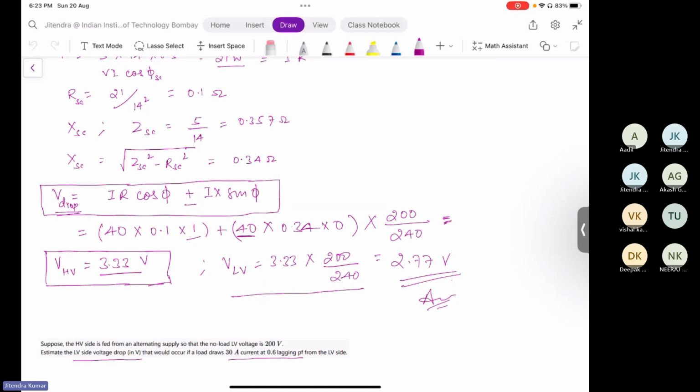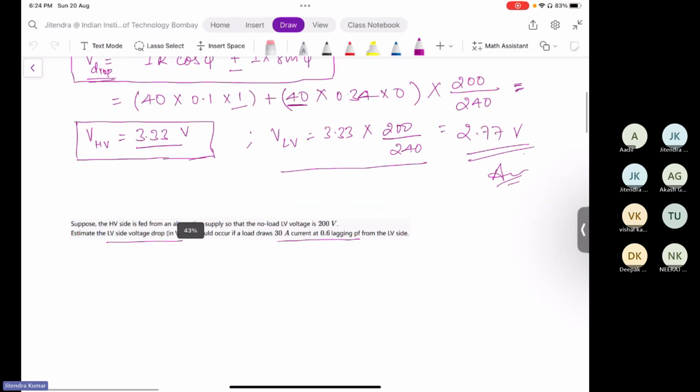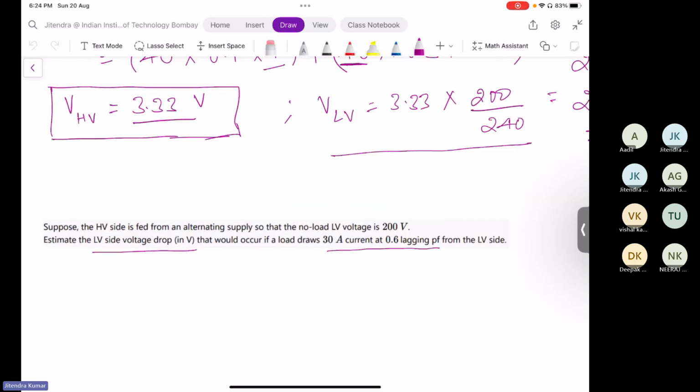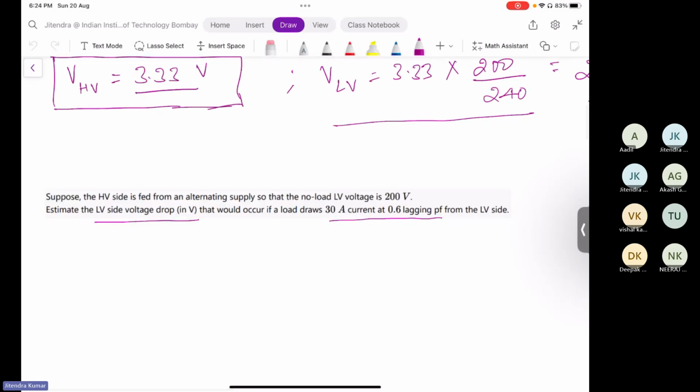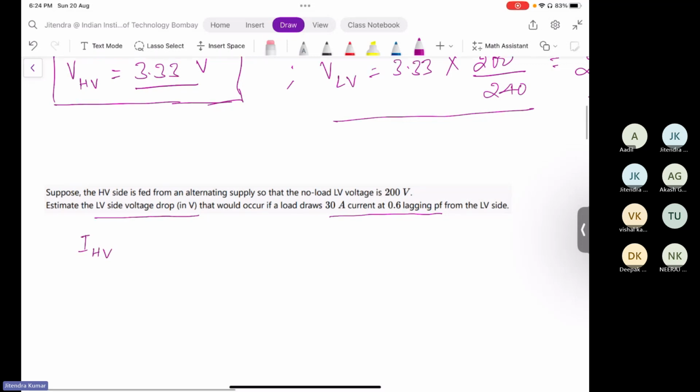Okay. So again, the current is given from the LV side. So first we need to compute the 6.9 volt of drop from LV side, right? Okay, we will see.